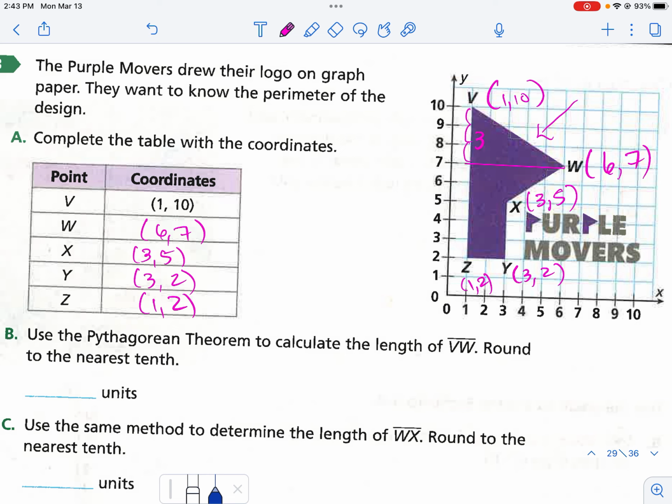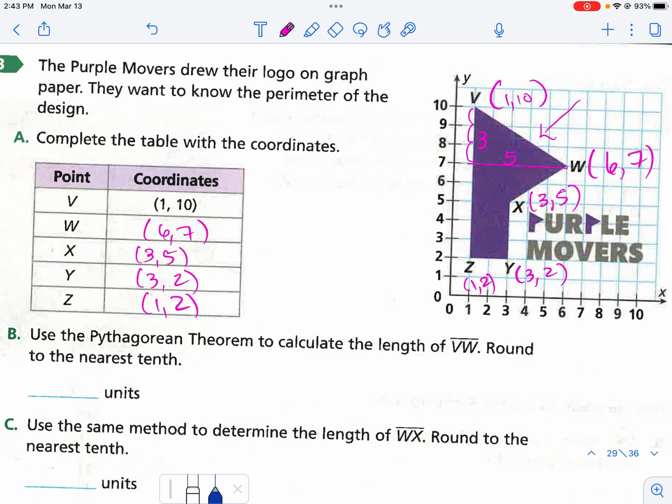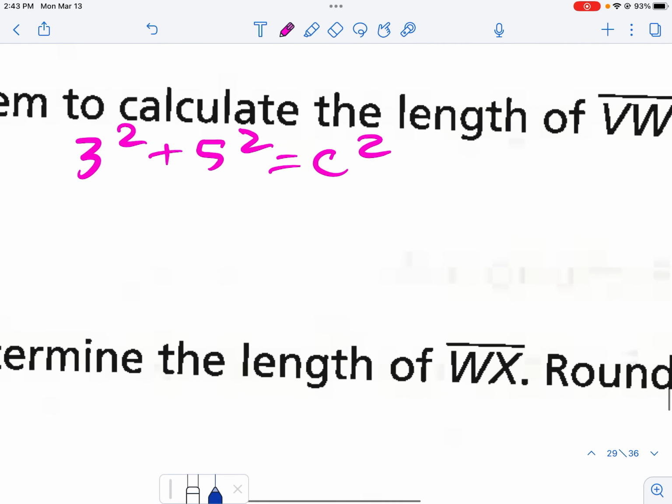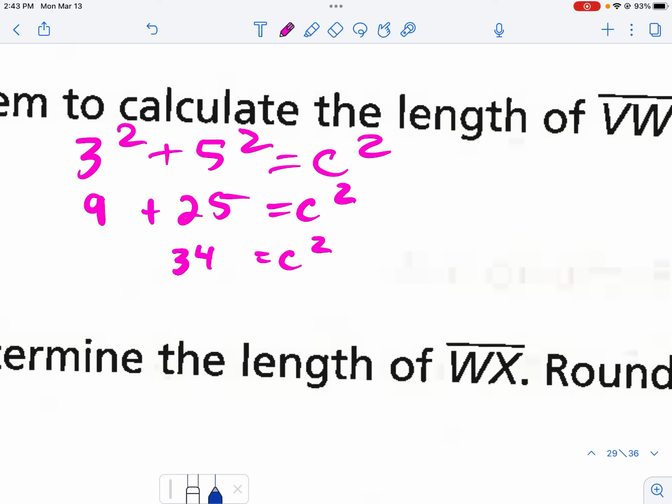And then we're going from 1 to 6, so that's 5 there. So we have 3 squared plus 5 squared equals c squared. That's what we're trying to figure out. So 9 plus 25 equals c squared. So that gets us 34 is equal to c squared.